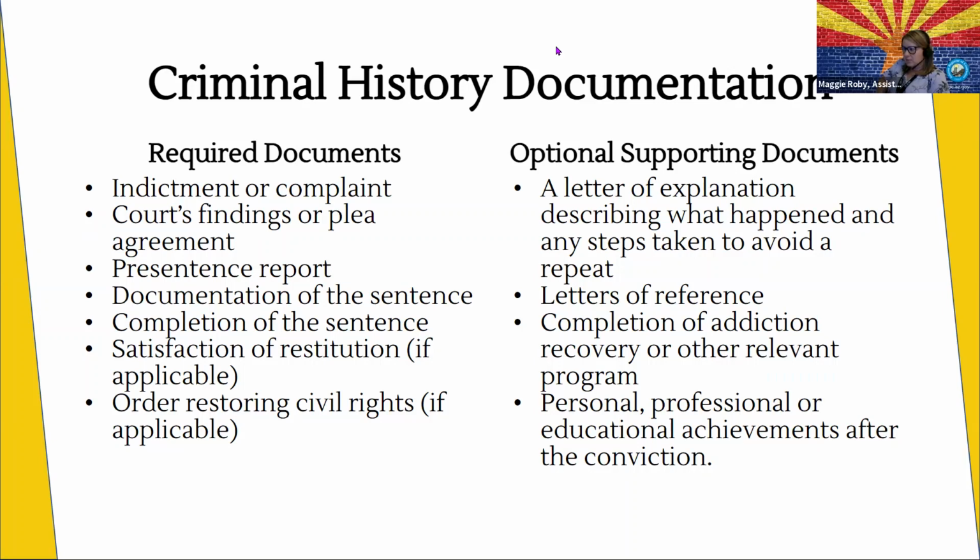Some additional items that you can submit would be any kind of letters or references, any kind of addiction program or recovery program, any kind of personal, professional, or educational achievements as well that could play into the decision and the review of any prior criminal history.